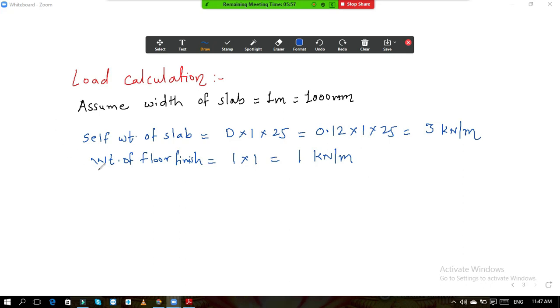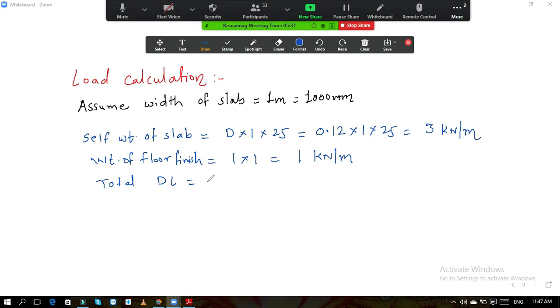So weight of floor finish. After that, calculate the total dead load. What is the total dead load now? It is 4 kilonewton per meter.